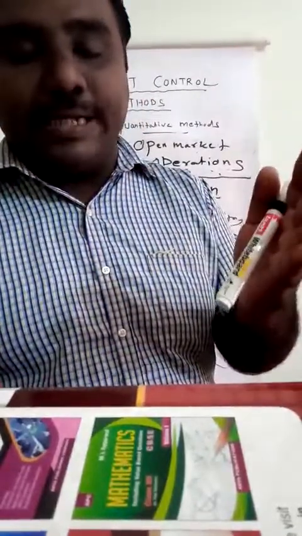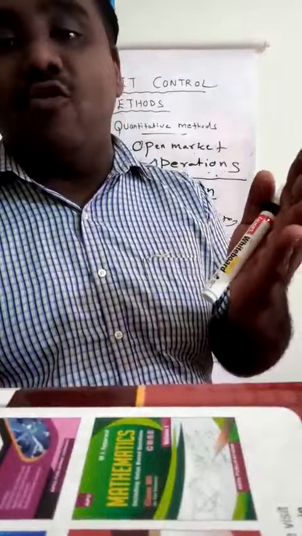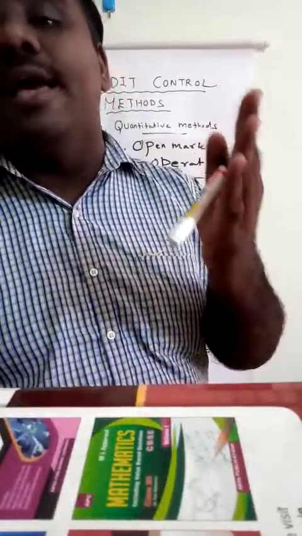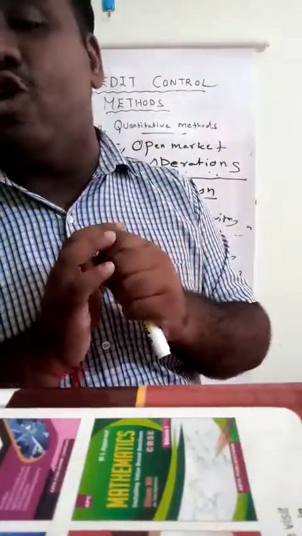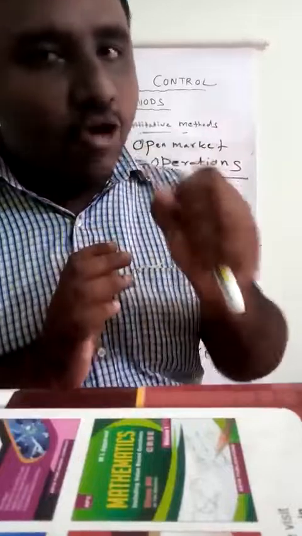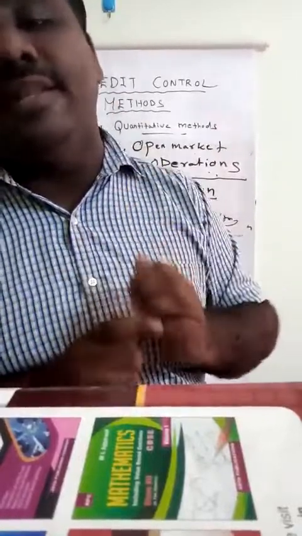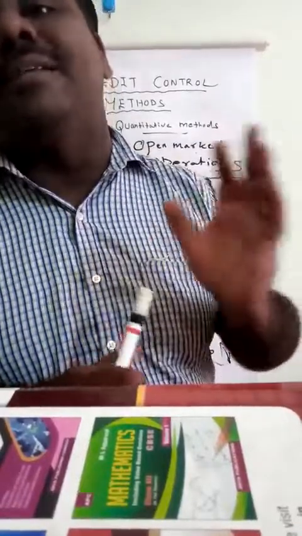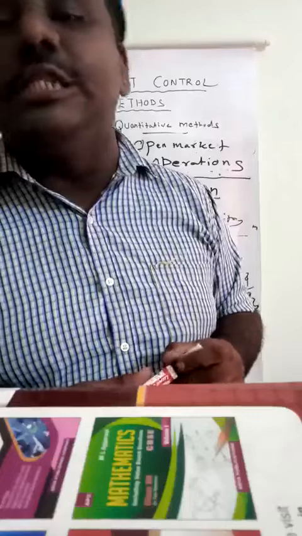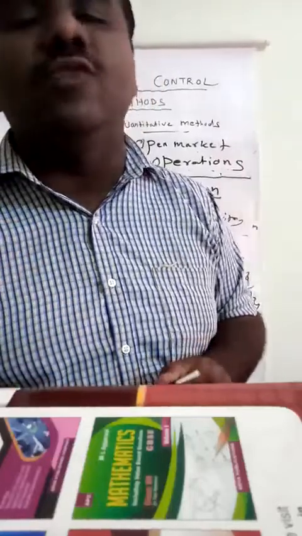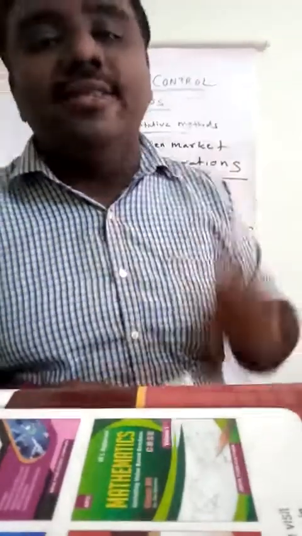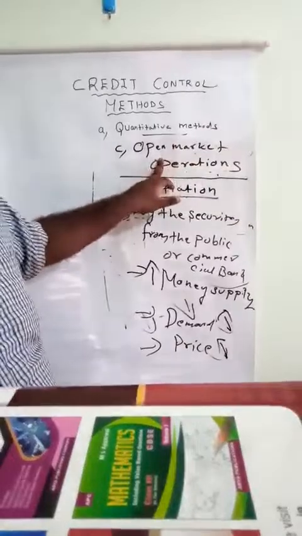So now the public will have money. Therefore the money supply in the economy will increase. When the money supply increases, we know demand in the economy will increase. When the demand increases, the price level goes up, and therefore we come about the situation of deflation.